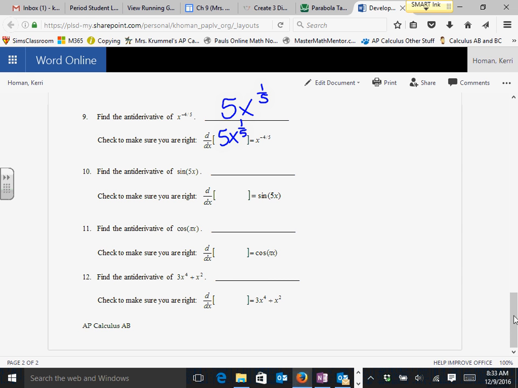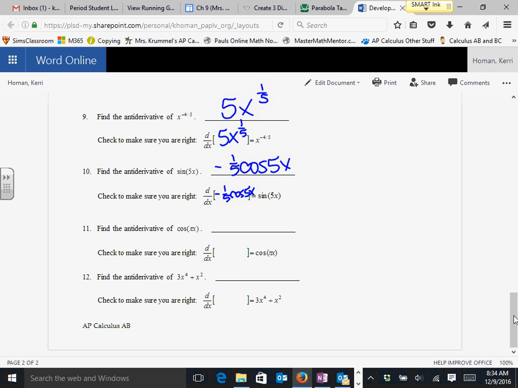Alex, what did you get? Negative 1/5 cosine of 5x. We have to account for that chain rule a little bit, which is why we have the 1/5 on the outside. And since the derivative of cosine is negative sine, then the antiderivative of sine has to be negative cosine.